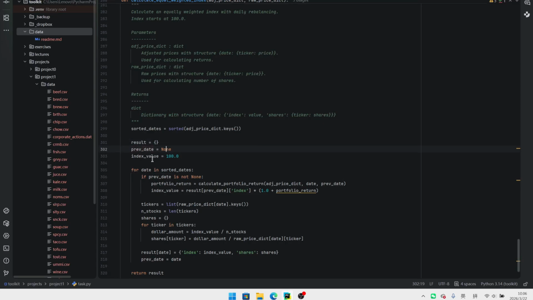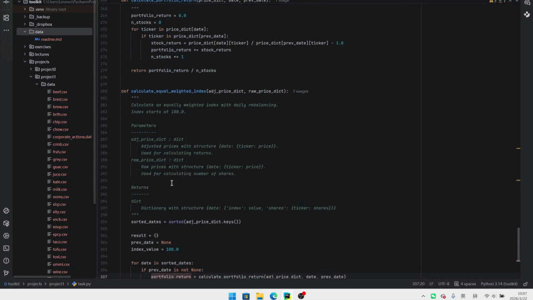Previous date is none. Index 100 for the first date, inserted if present. If previous date is not none, previous return, portfolio return, calculate average return.